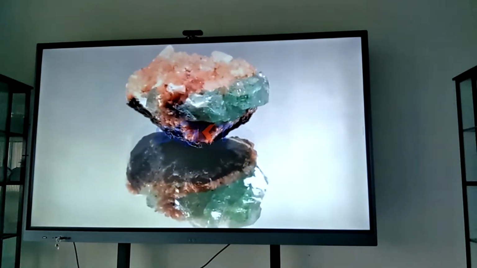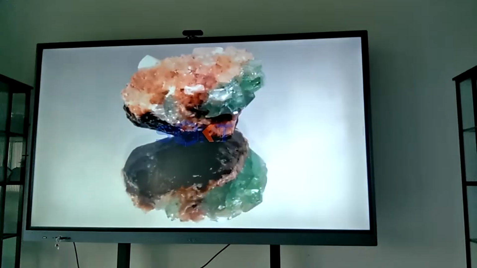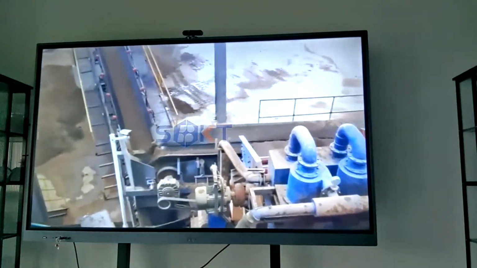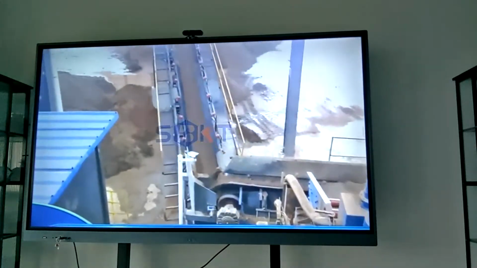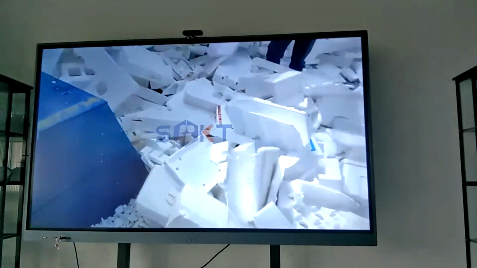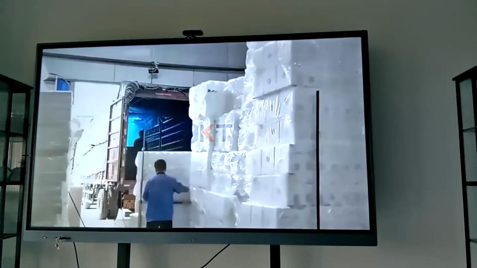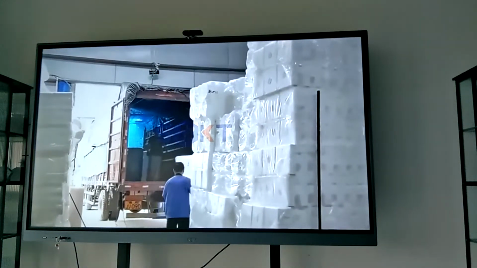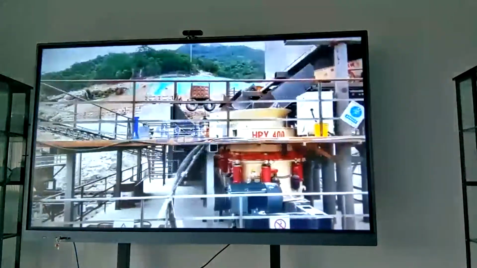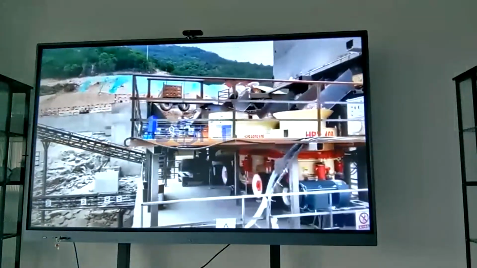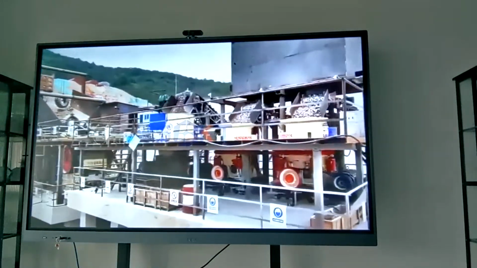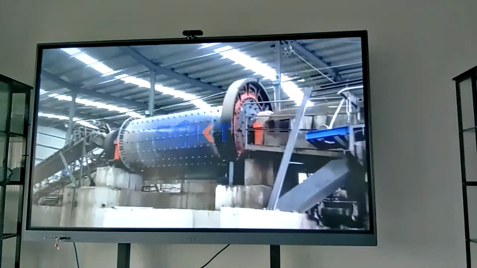High mud content, more than 20%, poor permeability: granulation, heap leaching. Medium grade, more than 3 grams per ton, high mud content but fine particles: agitation leaching.